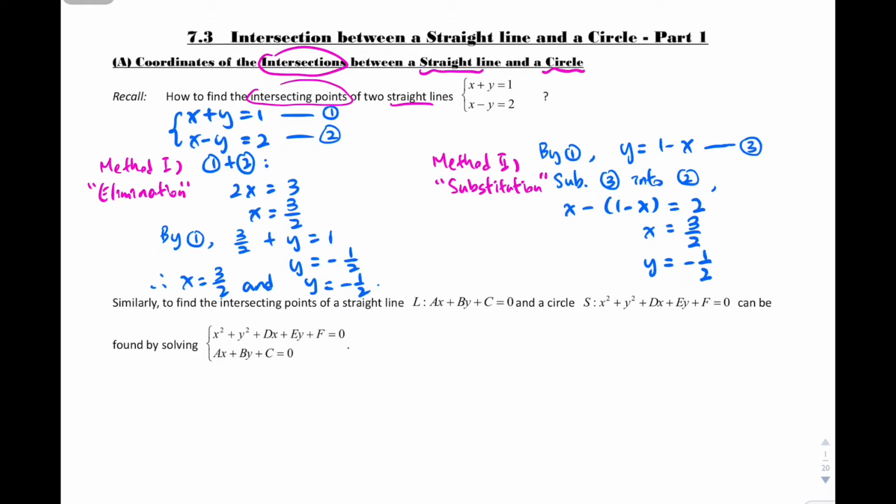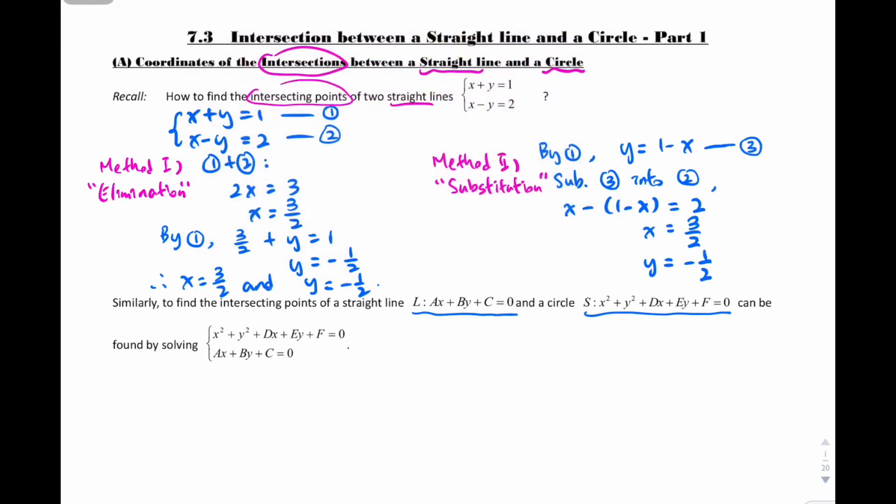Actually, the method of solving two linear equations in two unknowns is the same as the case when we want to find the solution that satisfies a straight line and a circle.